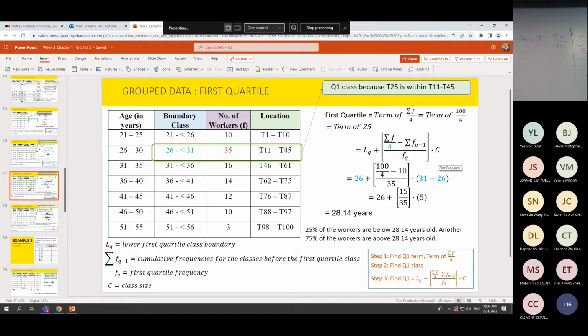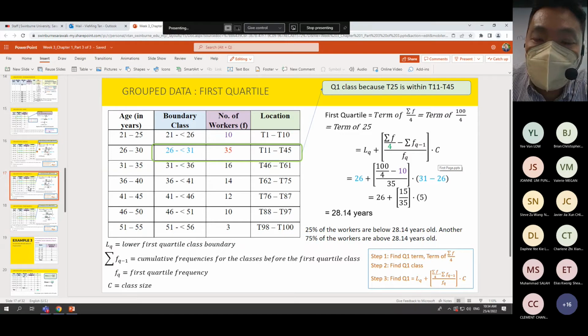So simplify. Total F is 100. You have to sum out all of this. You get 100. So it's equal to term of 25. Next step is to identify where the location of term of 25 is. Let us check. We have to go to this column and check. First class is for T1 to T10, right? Q1 is not in this range.